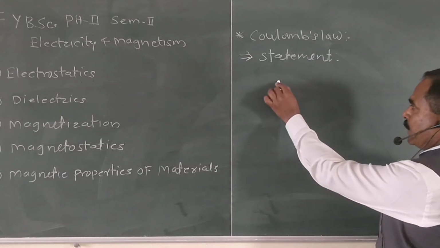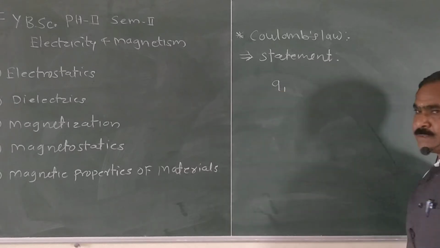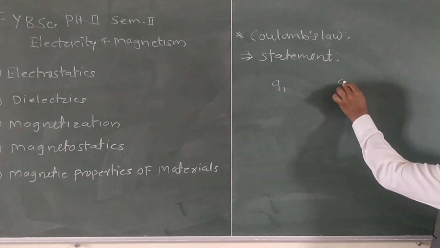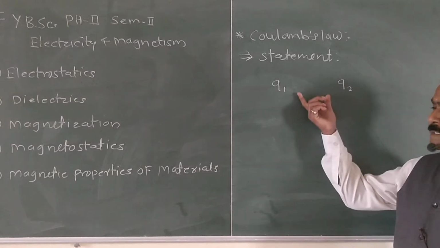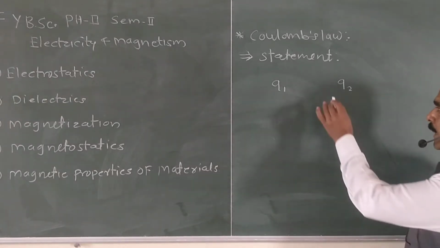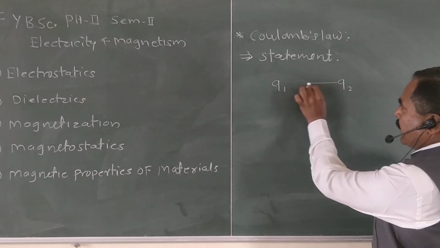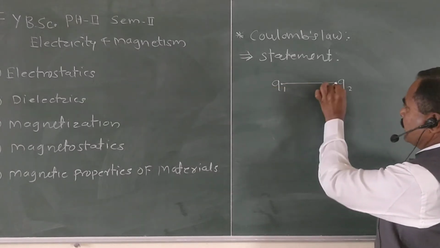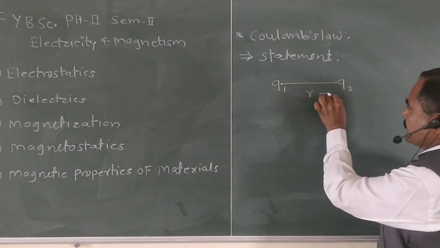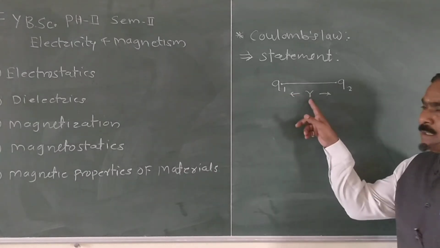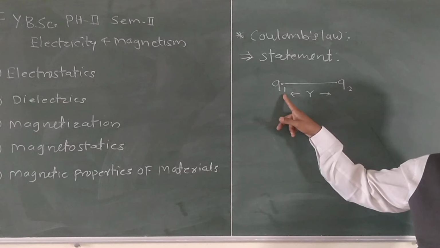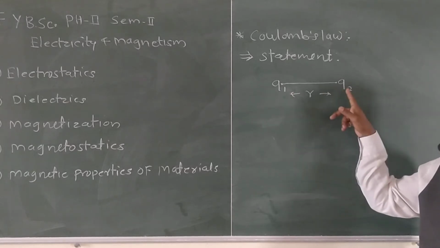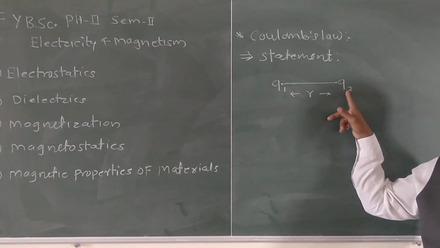We take Q1 as one charge and Q2 as the other charge, and these two charges are separated by a finite distance, say r. This Q1 may be positive or negative.